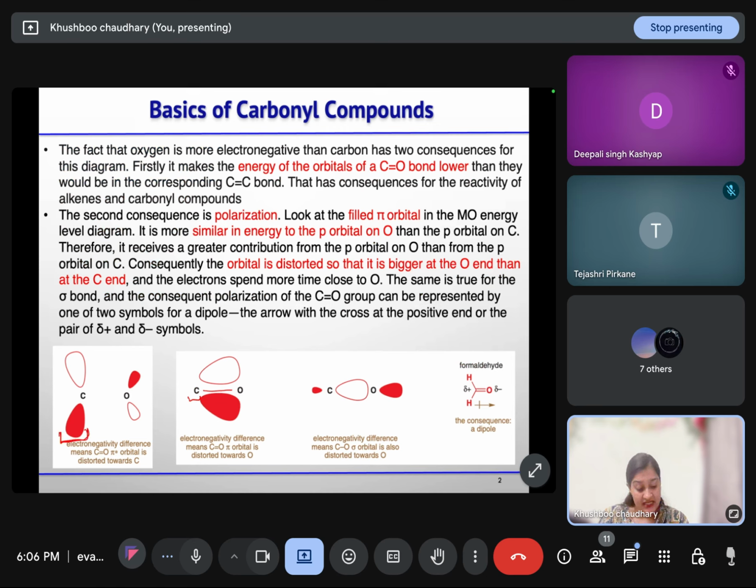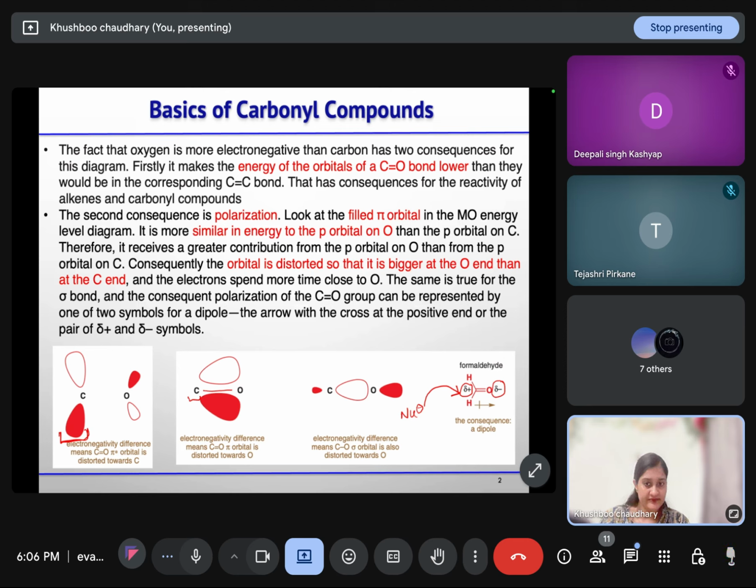So this implies that the carbonyl carbon of formaldehyde has a partial positive charge, and the oxygen has a partial negative charge. So if any nucleophile approaches to attack a carbonyl compound, it will attack at the electrophilic center, that is, the carbon.